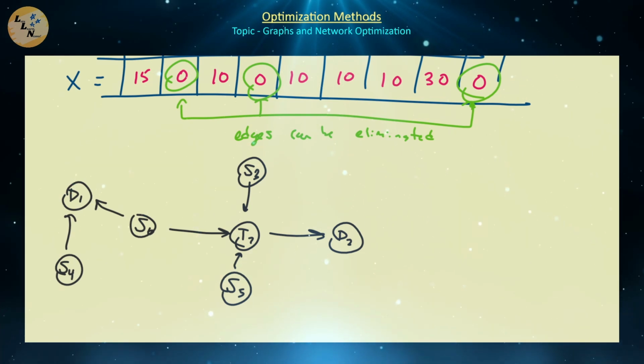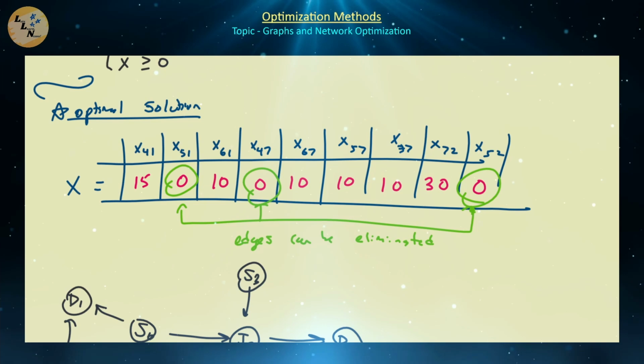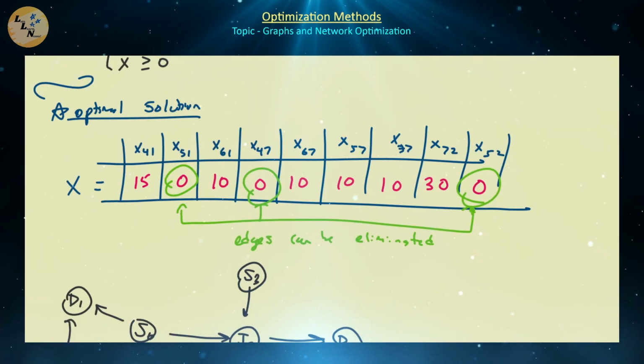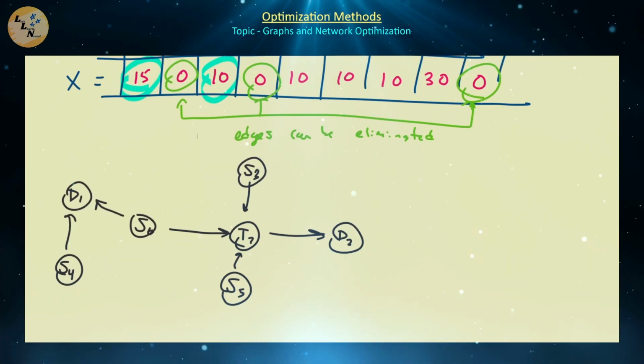Okay, so let's take a look at what's actually going on here. For example, if we look at routes 4,1 and 6,1, the amount we need to deliver along them is 15 and 10. So 4,1 is located here, and 6,1 is located there.